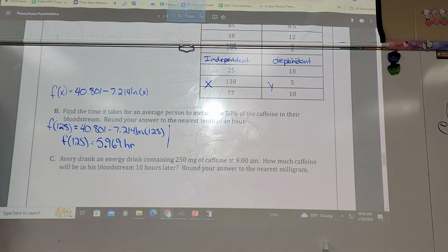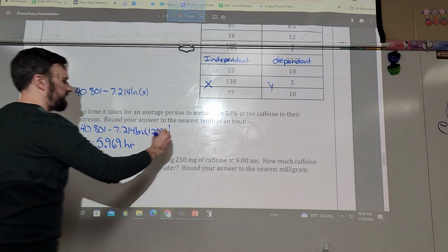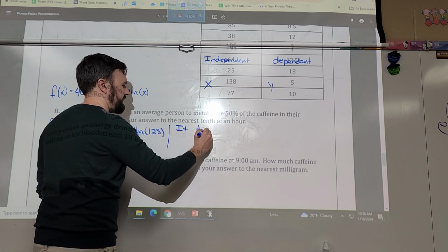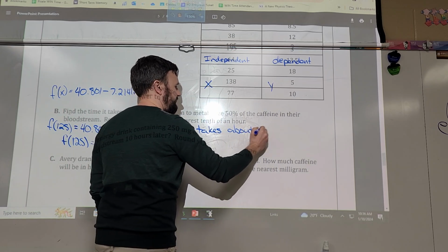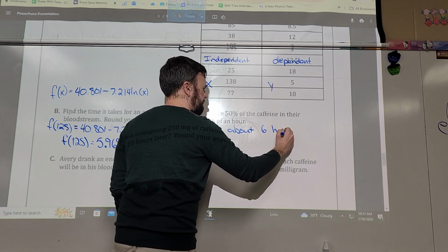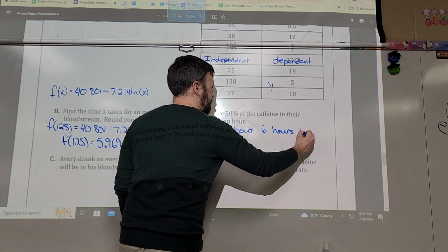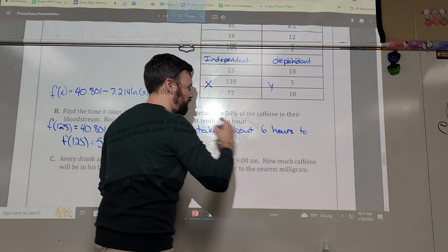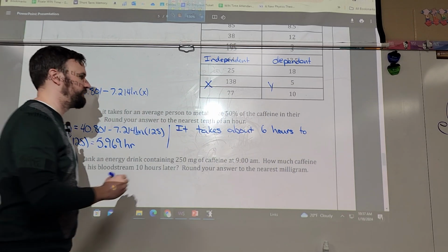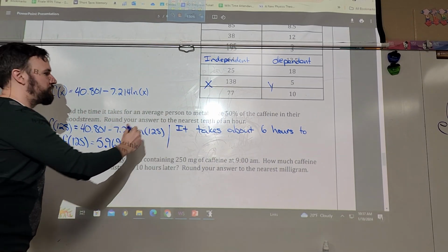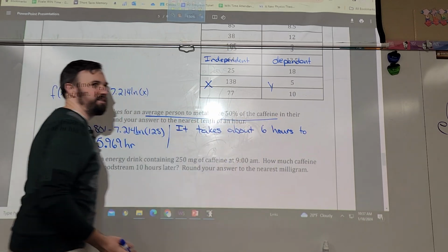I could write this a lot of ways. I could say to reach 125 milligrams, it would take 6 hours. I could say it takes about 6 hours to metabolize 50% of the caffeine. If you don't know how to word it, go back and read the question.